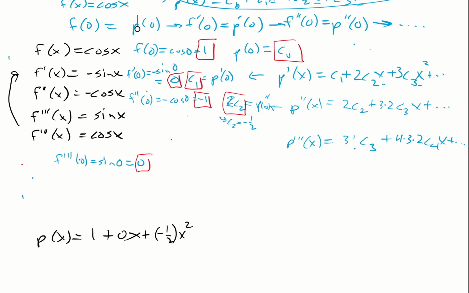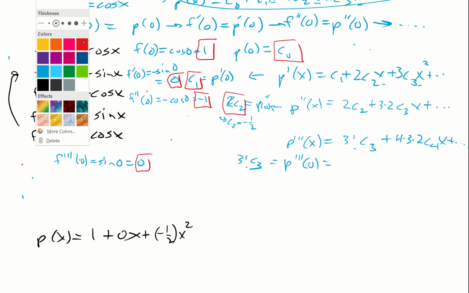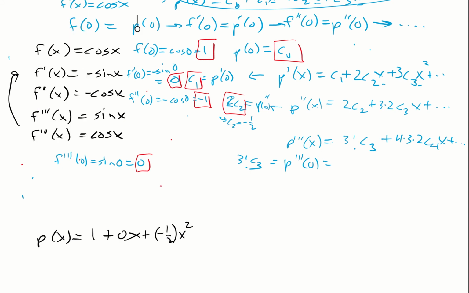Okay, so when we plug in 0 into the third derivative, what do we get? We get 3 factorial c3, and we want that guy to match up with 0. So it's telling you, okay, I got you. c3 is also equal to 0. So we're going to go plus 0 x cubed.